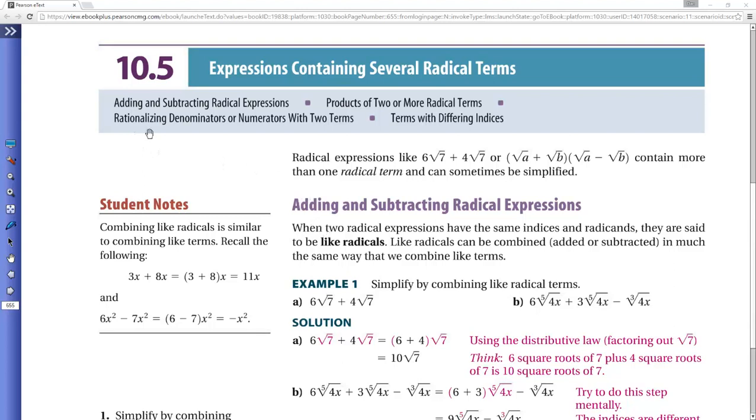Again, rationalization is to change it into a rational number. So if I have like the square root of 2 over 2 and I need to rationalize the numerator, I need to make the numerator a rational number, so I have to get rid of that square root of 2 somehow, which he talked about in the last lesson, which would be to multiply it by the fraction square root of 2 over square root of 2, which is 1.